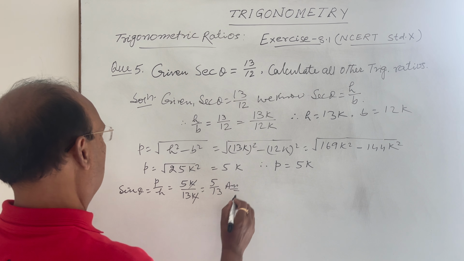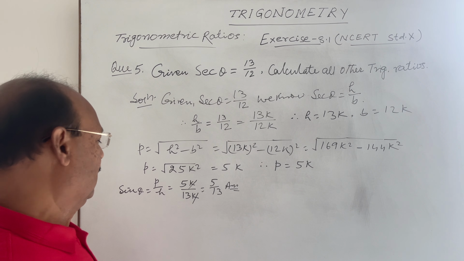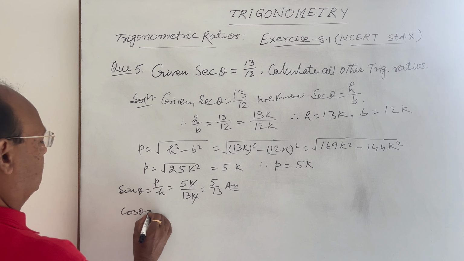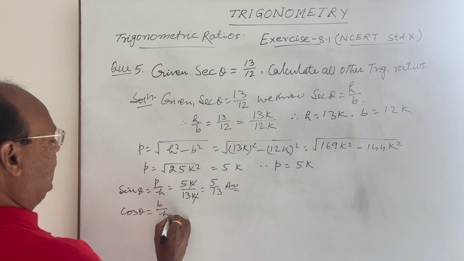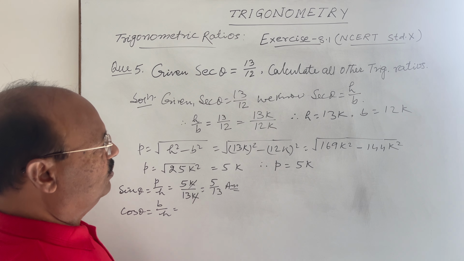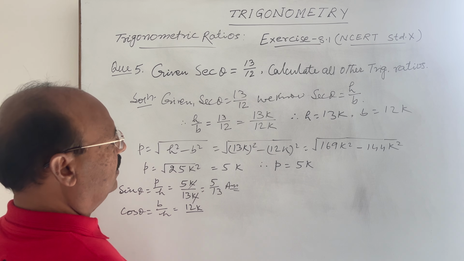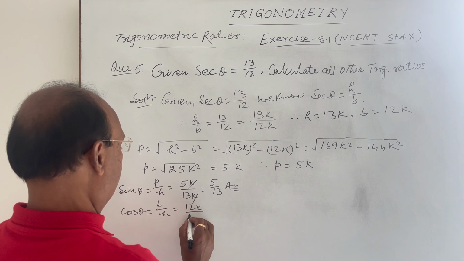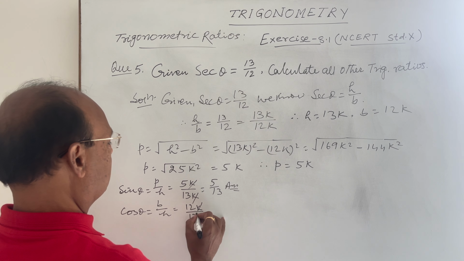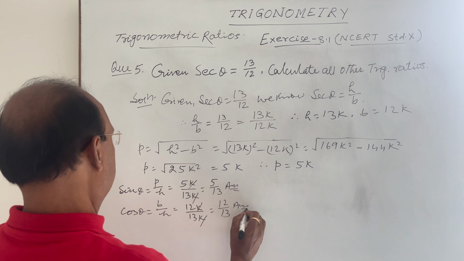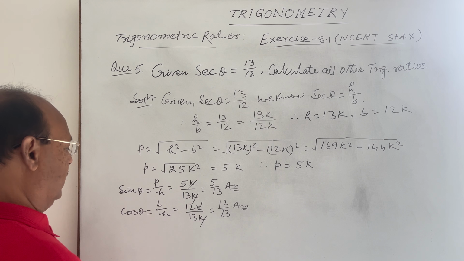This is the value of sine theta, correct? Now let us find cos theta. Cos theta is b by h. b is how much? b is 12k and h is 13k. k will be cancelled out. This is equal to 12 by 13. This is the value of cos theta.